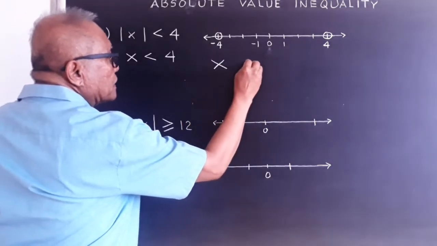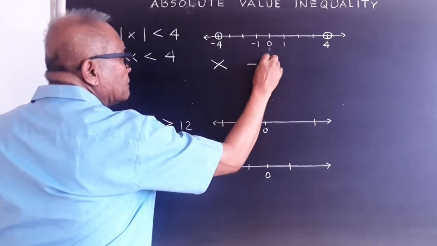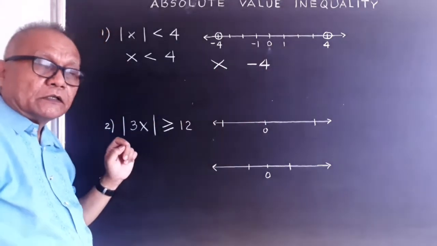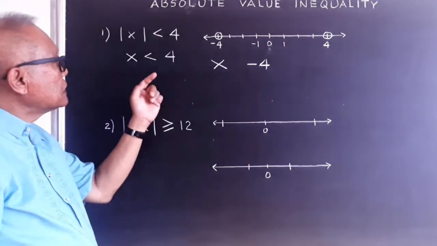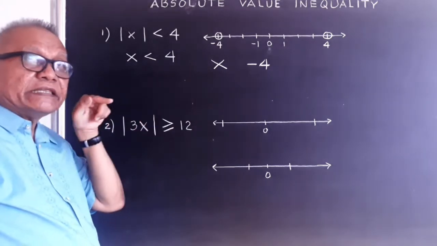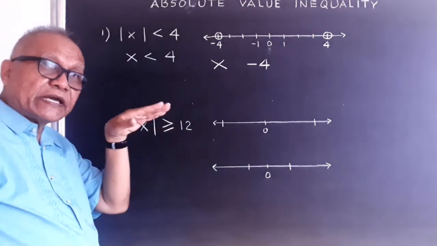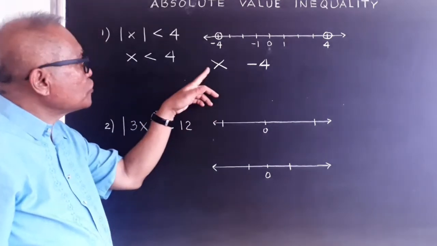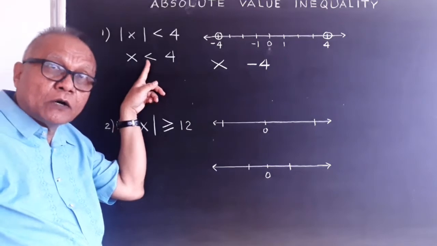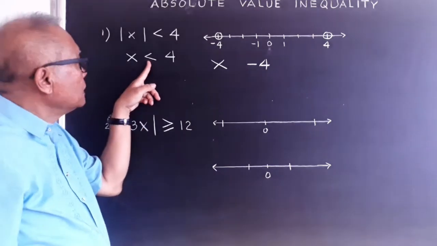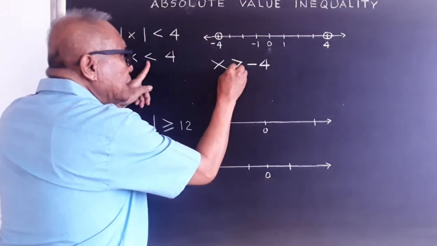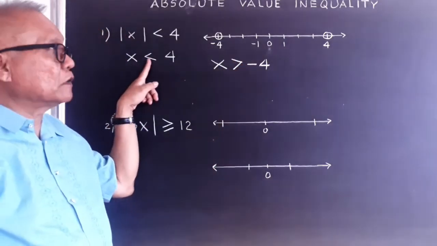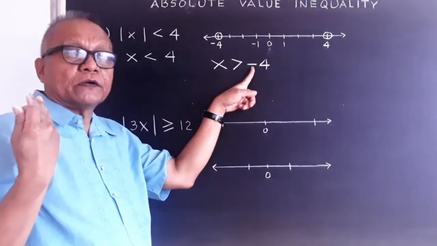X, when we turn it to negative here, what do you remember about our solution of inequalities? If we multiply or divide by a negative number, then we change the orientation of our inequality. So the less than now becomes greater than, because we multiplied by a negative sign.